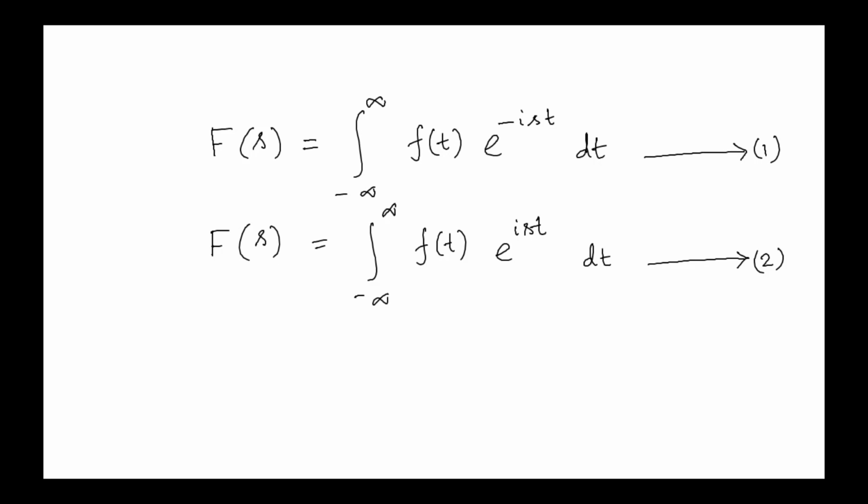Let us conclude the query. Equation 1 is the prevailing definition of the Fourier transform, where equation 2 is the inverse Fourier transform. In some books, however, equation 2 is described as the definition of the Fourier transform. This is a matter of convention.